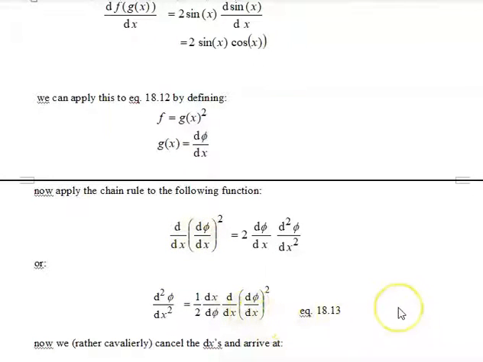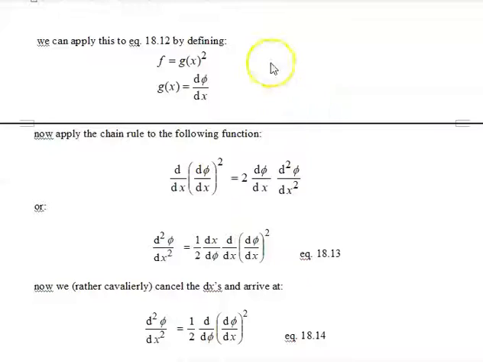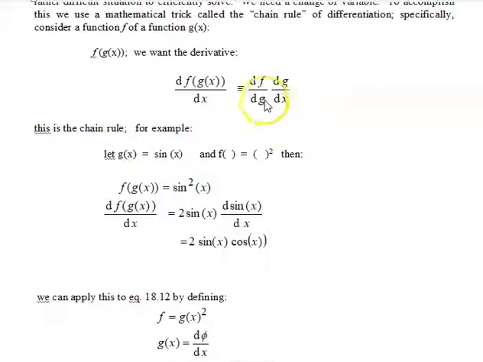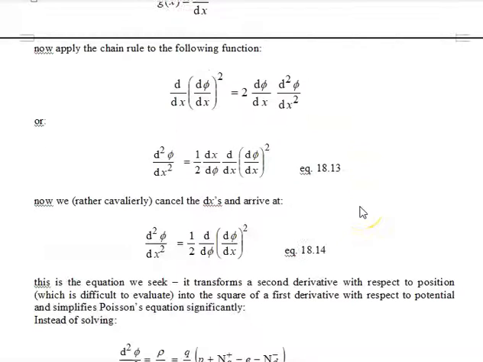Now, I'm very cavalier, very kind of sloppy. Just like I did up in here, I cancel numerator and denominator. So here I cancel the dx, and the dx here just goes away, and I have 1/2 d phi of the electric field squared.